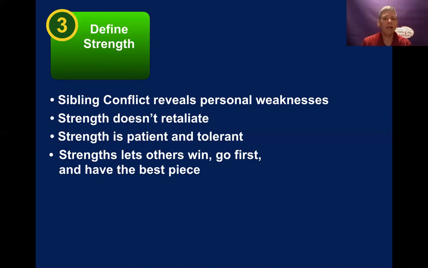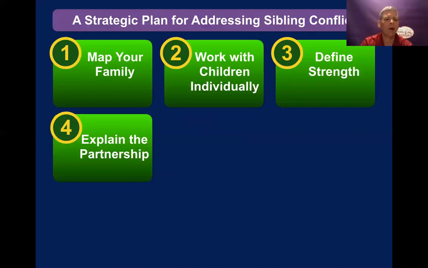And it looks to me like you don't have the required skills to deal with an annoying brother. So I'm going to help you. I'm going to help you to get stronger in this particular area of your life. And here's how we define strength for you. And you want to define the strength for this particular child, so the child understands what strength looks like.